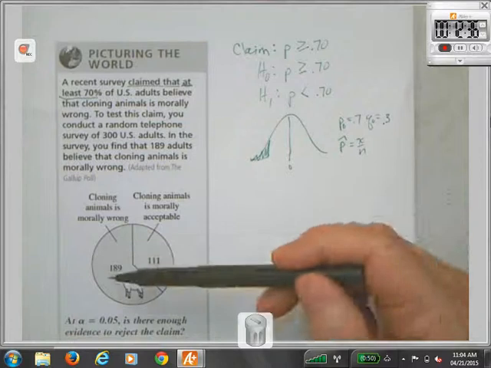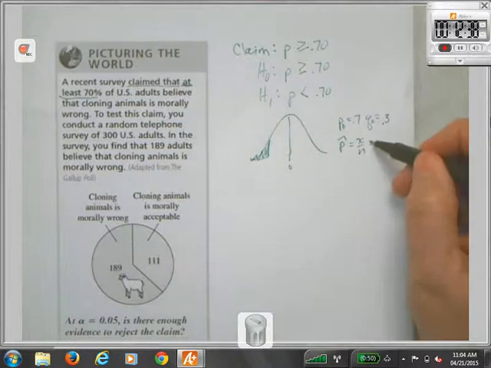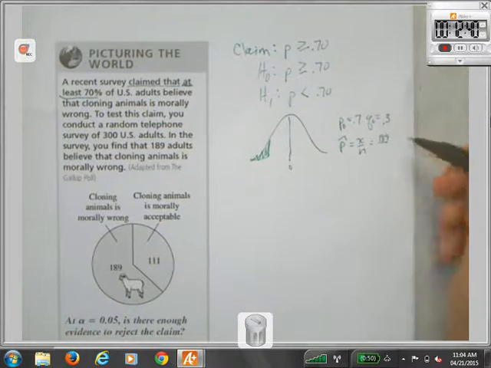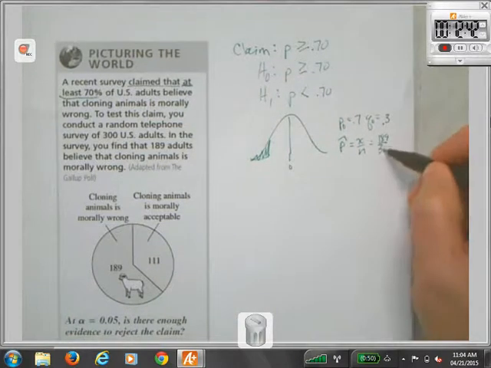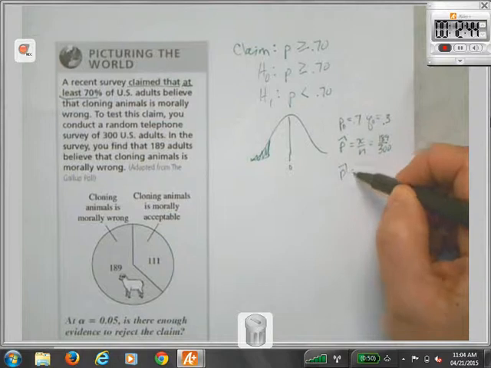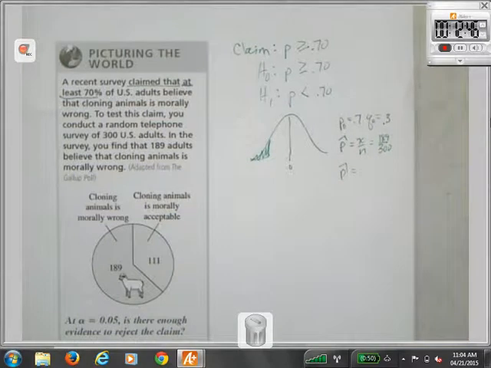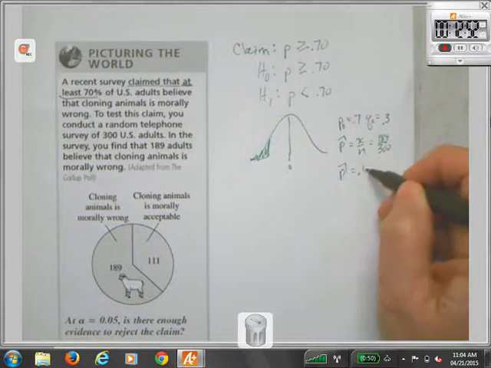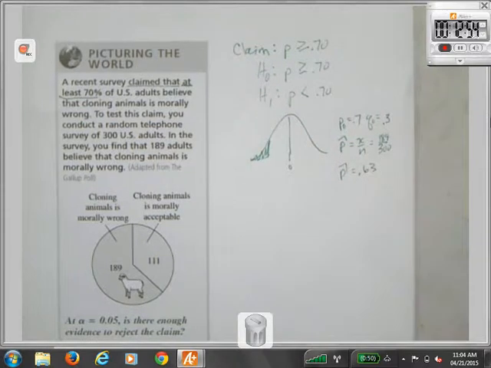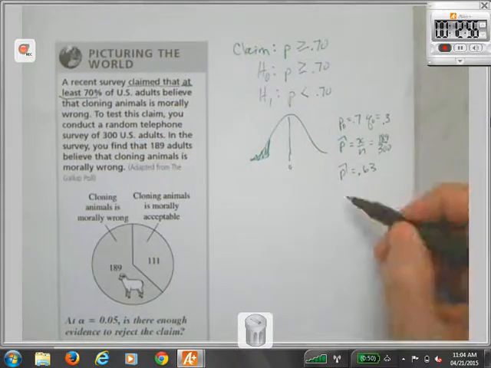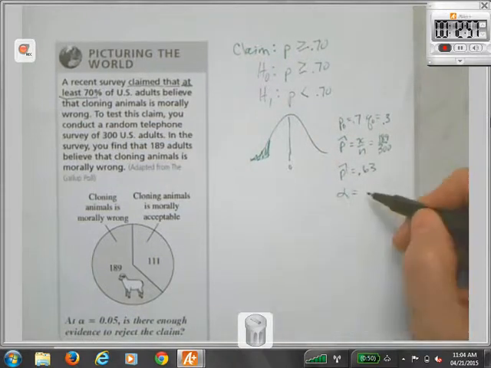So it's 189 over the total, which was 300. I'm going to do that division real quick. And that's going to be 0.63 for the p hat. Our alpha is given to us as 0.05.